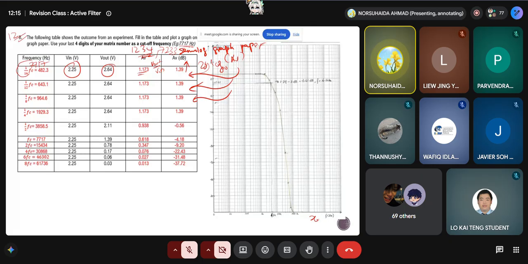For example, frequency. The lowest value is 400 plus, and the highest value is 61K. So for this one, you can begin from 0, you can begin from 100 or 10. For my case, since this only goes up to 100K, I begin with 0.